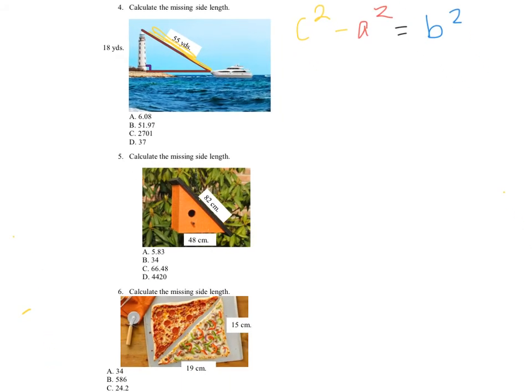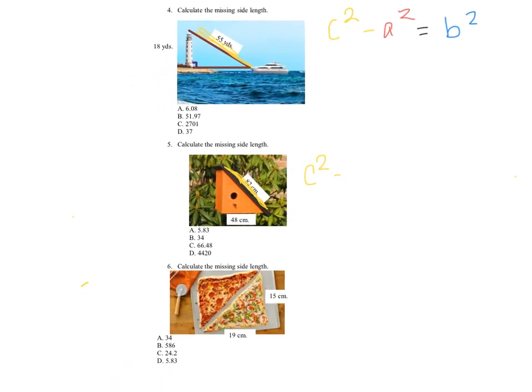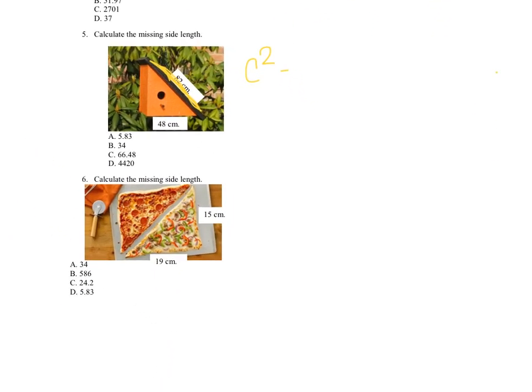Same thing on number 5. You're going to be subtracting C squared minus the missing side length. On number 6, in this case, we're going to have to add, and I'm not going to color code, I'm just going to use the A squared plus B squared, and remember, take the square root.